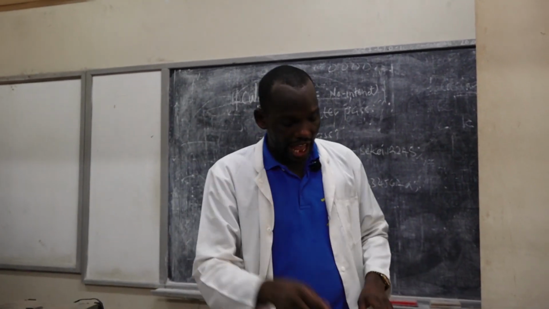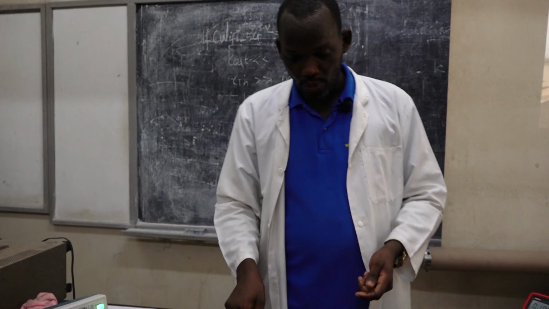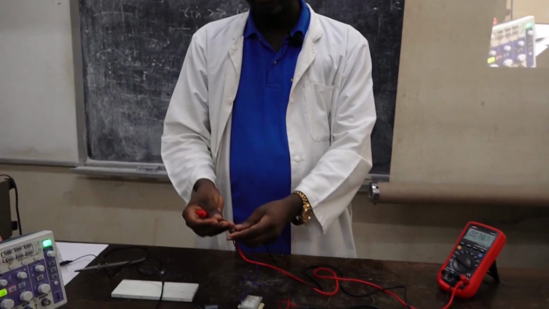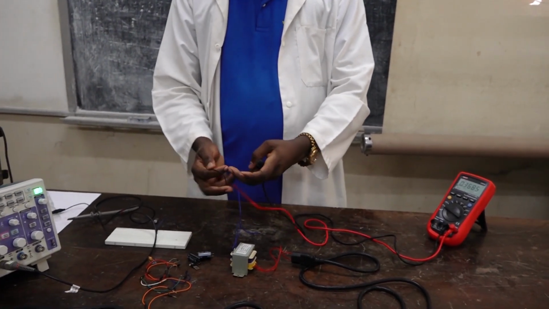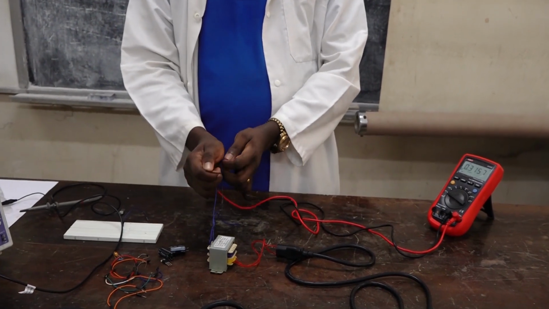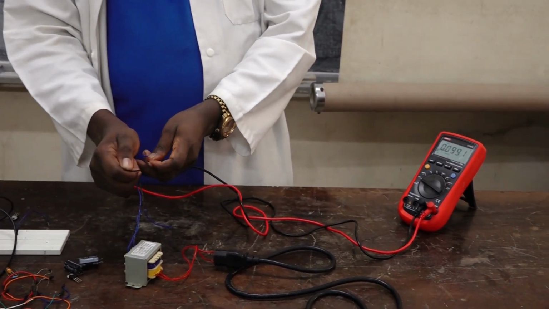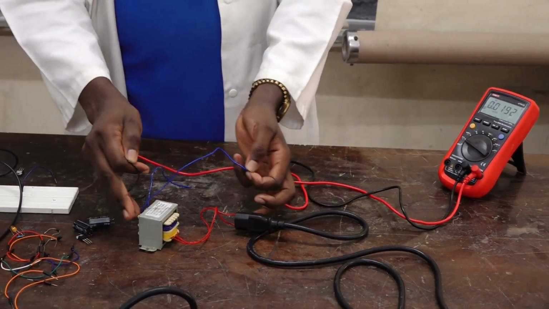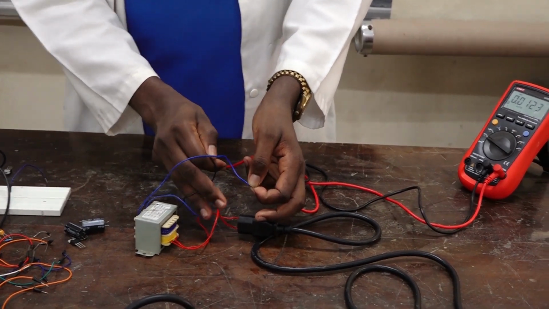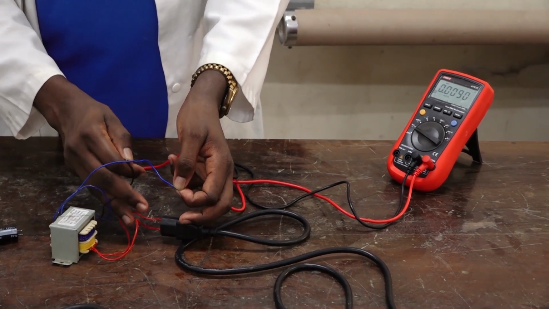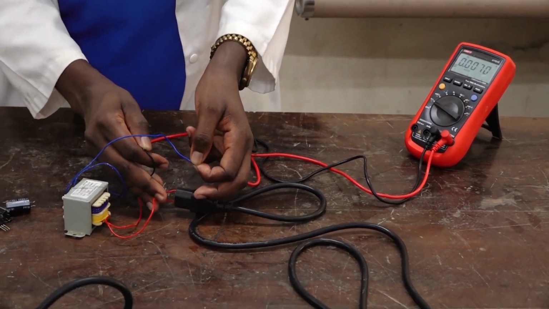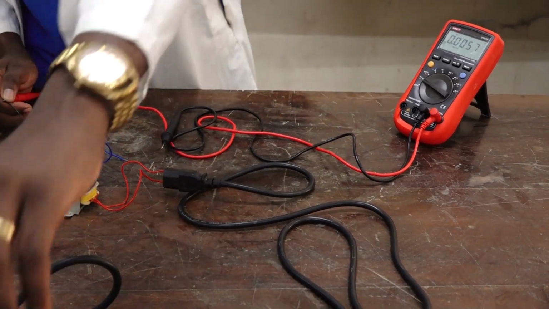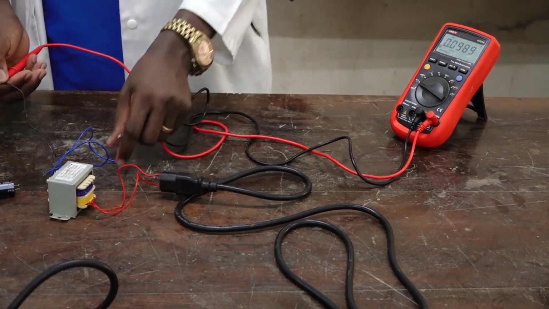Okay, so now let me measure the output voltage from the DC step-down transformer. I don't get the reading. Why? Because I did not turn on the power source.